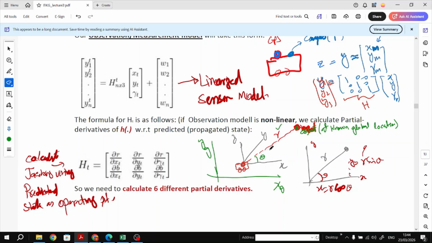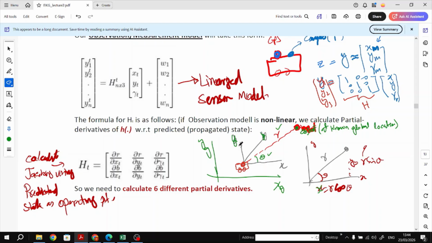One is the distance to the known object, and one is the angle to the known object. So in general we can say that the robot is at x and y, because we're considering the 2D case.